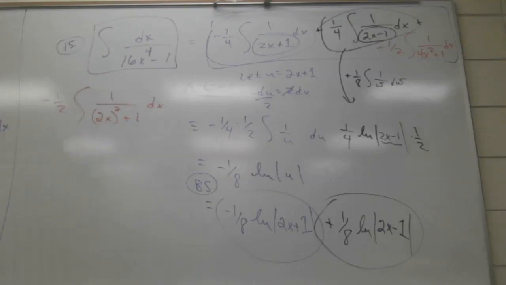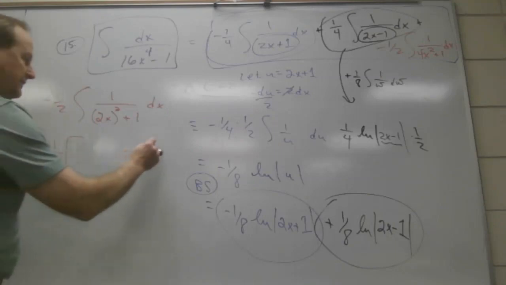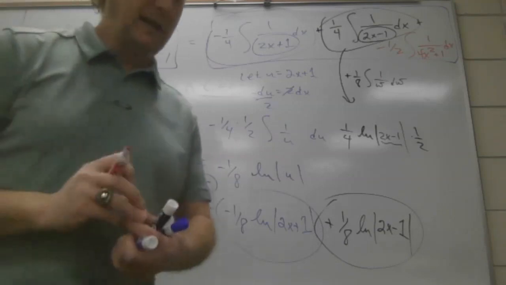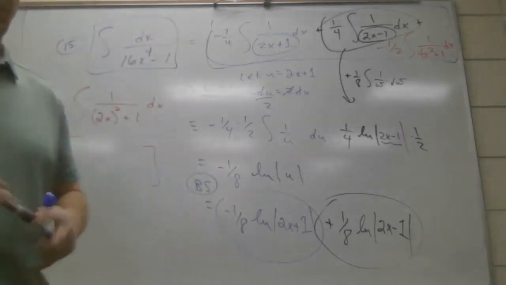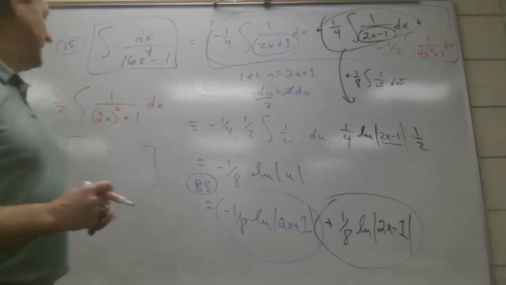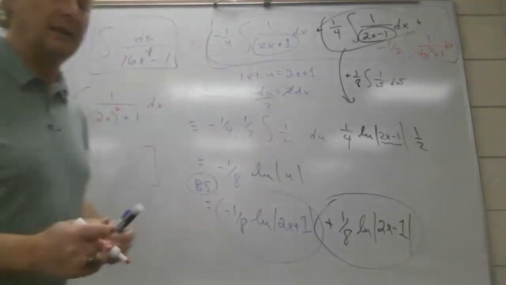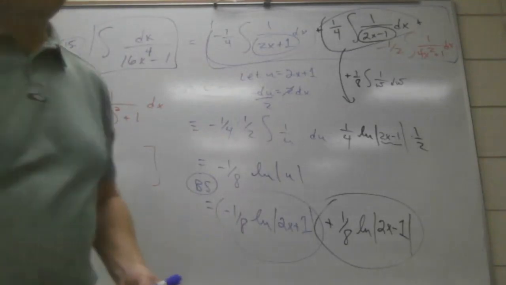Anybody remember what kind of functions that would be? I'll give you a hint. Inverse trig is one of the nice ones. It has to do with arctangent. So it's minus 1/2 times whatever that is. The only thing you got to remember is whether it's 1 over a or not with arctangent.